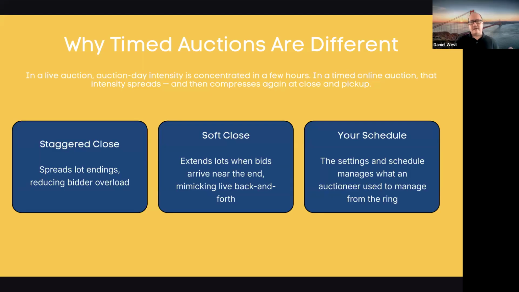Almost every timed online auction platform now focuses on soft close because the proof is pretty undeniable that they generate a higher value than what are known as hard close, which are the classic timed auctions where the auction ends when it ends and nobody can do anything about it if they didn't get their bids in. Those are exciting. They're a lot of fun. I love them. Bidders love them, but it does leave money on the table. So probably you want to use the soft close settings.